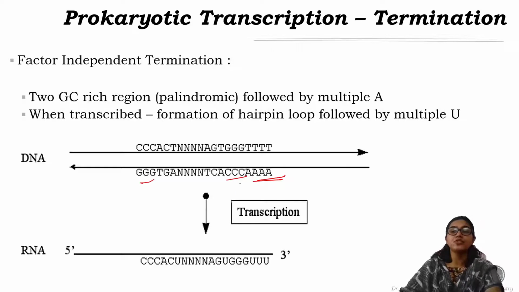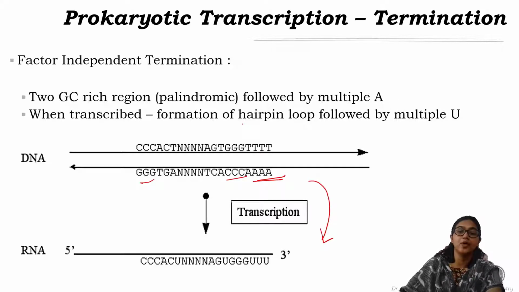This type of palindromic sequence signals for the termination of transcription, because when this type of sequence is transcribed into mRNA, that mRNA forms a type of hairpin loop.